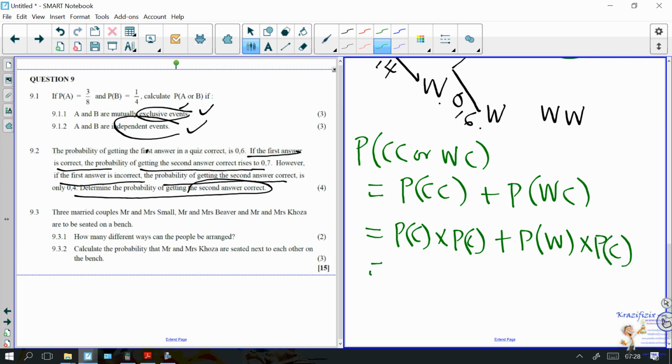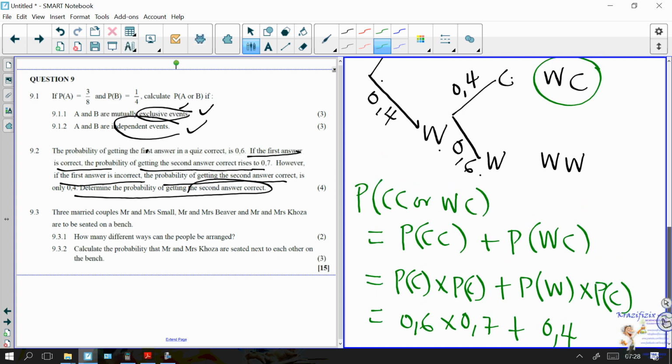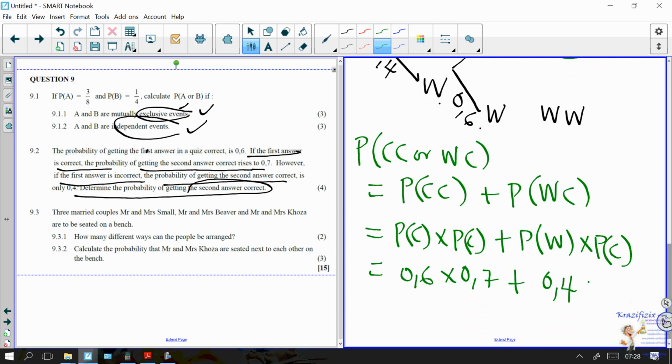So the first one correct is 0,6. All right, second one correct is 0,7 because it rises to 0,7, plus first one wrong is 0,4 and the second one correct is 0,4 as well.